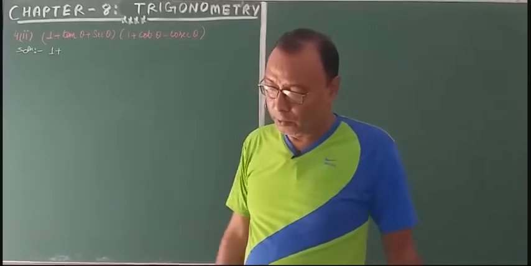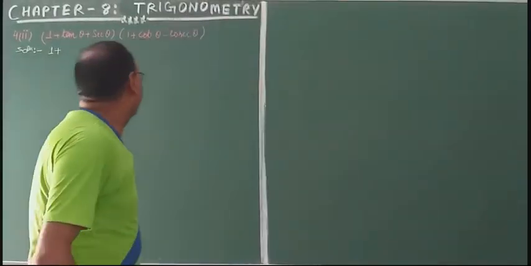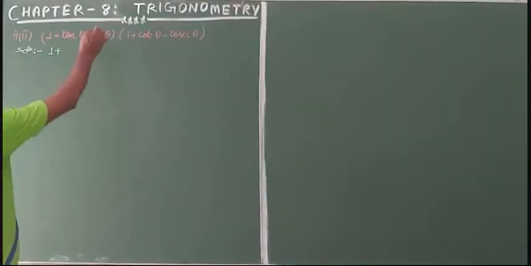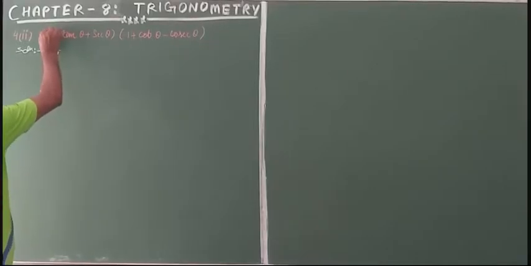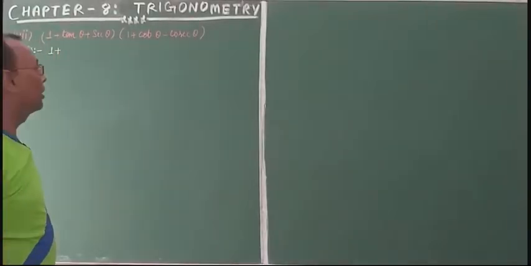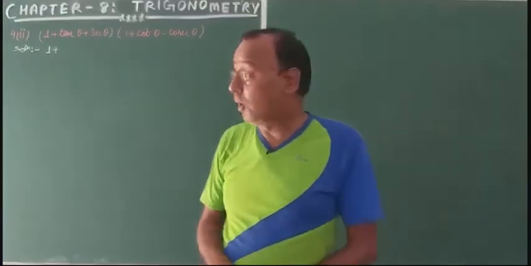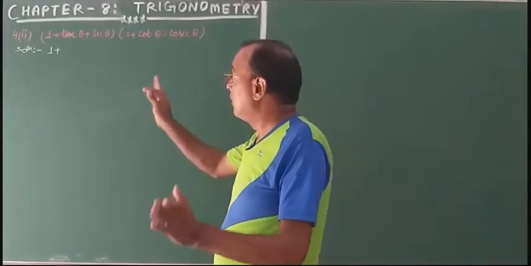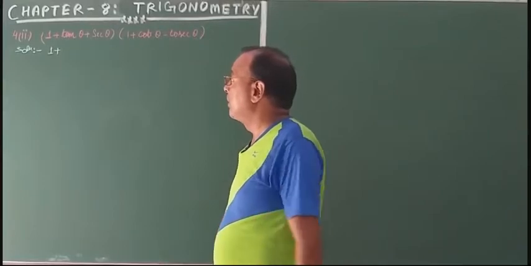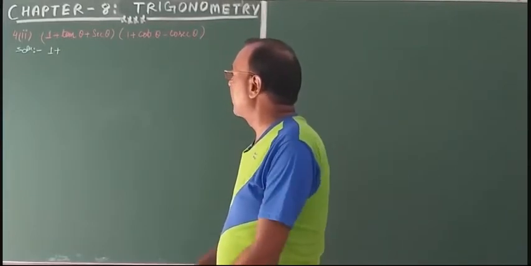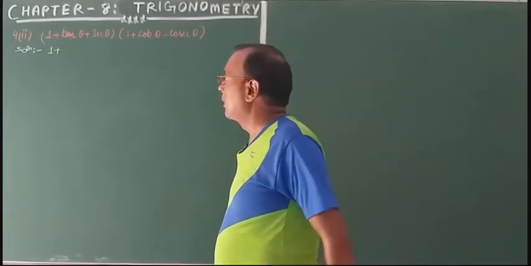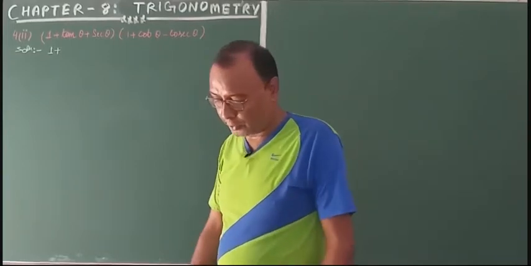Evaluate this: (1 plus tan theta plus sec theta) into (1 plus cot theta minus cosec theta). First, we will change tan theta and sec theta in terms of sin and cos.